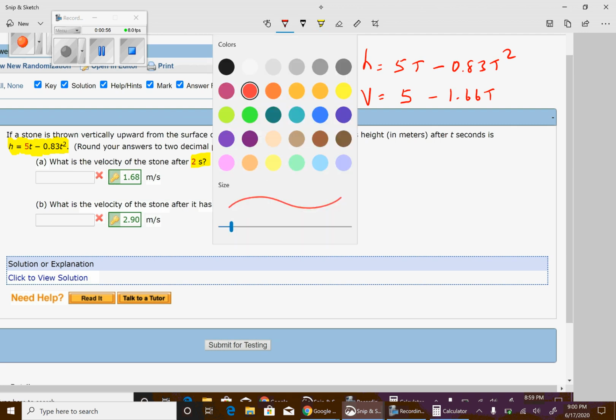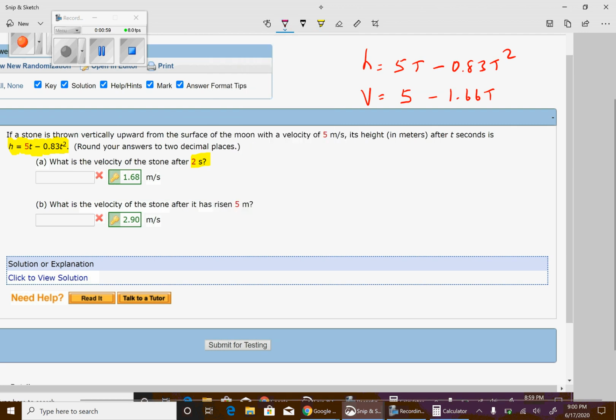So we can plug a 2 into that equation, and I get 5 minus 1.66 times 2, which is 5 minus 3.32, which is 1.68, which matches here.